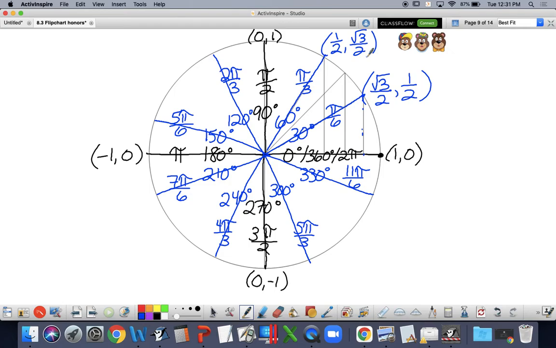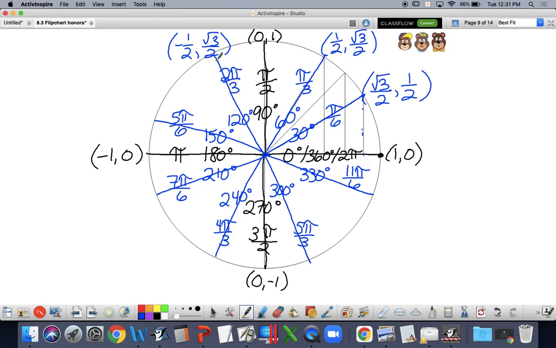So I look at 60 and it tells me, okay, this is the same coordinate point. I just have to figure out which one of these is going to be negative. Well, in this quadrant, x values are negative, so I have negative 1/2, square root of 3 over 2. But that's how we use our reference angle.